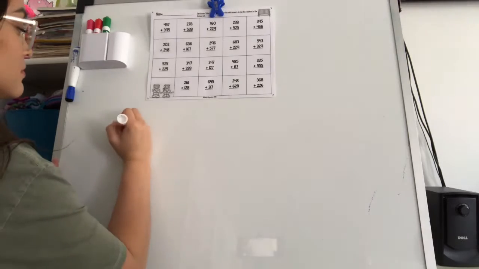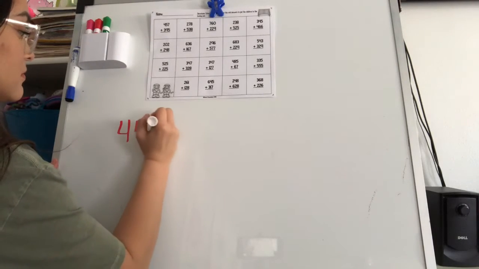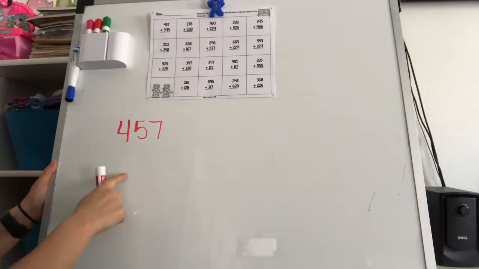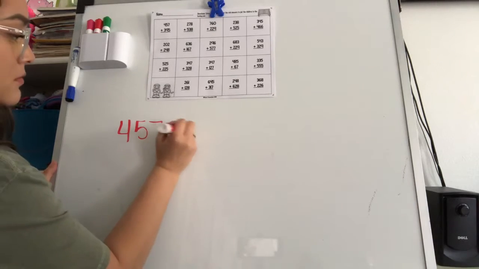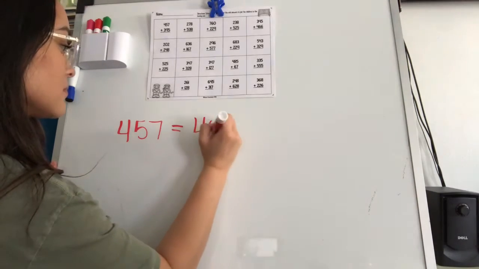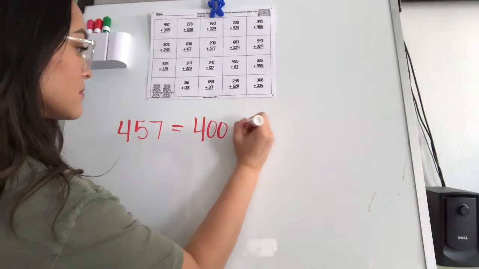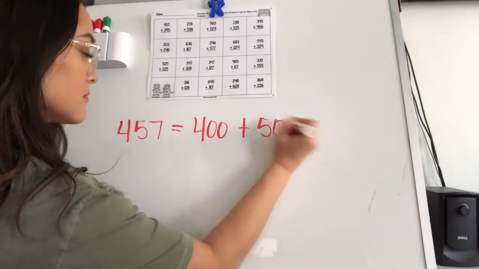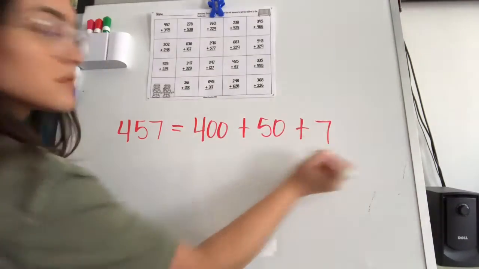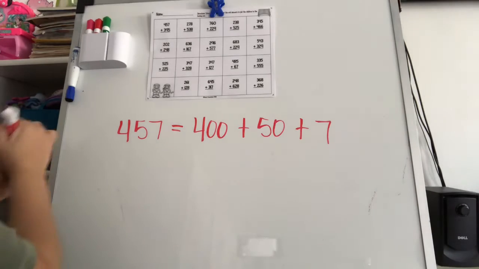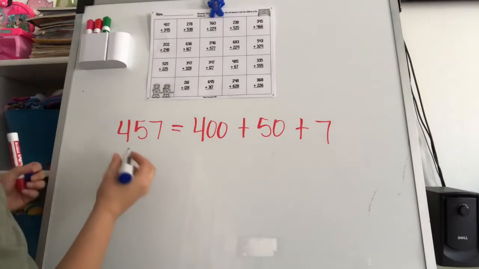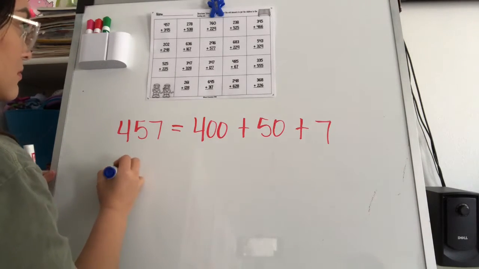First question we need to answer is 457 plus 395. The first thing we want to do is convert 457 into expanded form. We see 400 plus 50 plus 7. Now we're going to do the exact same thing to 395.